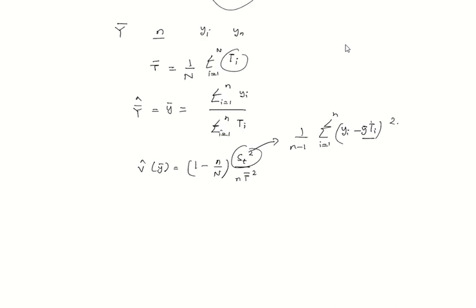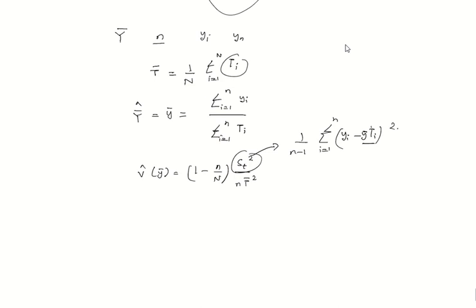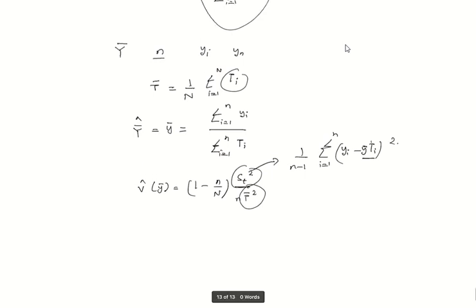Then we can replace it with the whole ti. If the t is unknown, then in that situation we can't get the capital T bar, because for capital T bar we need the whole population's number.